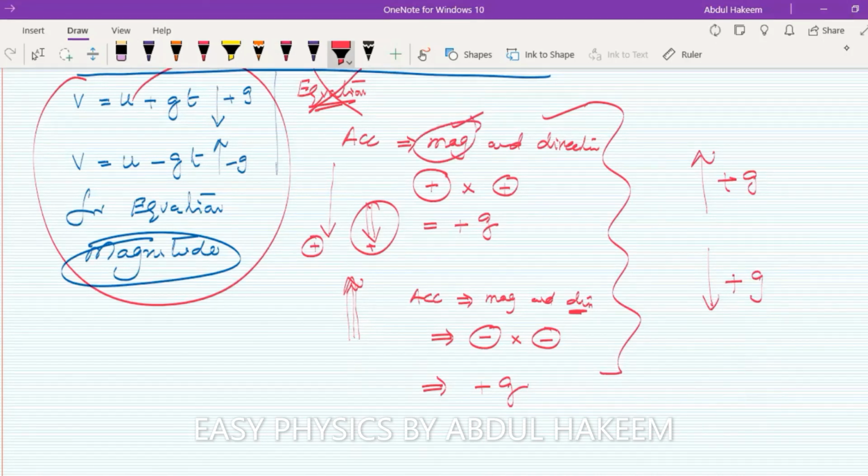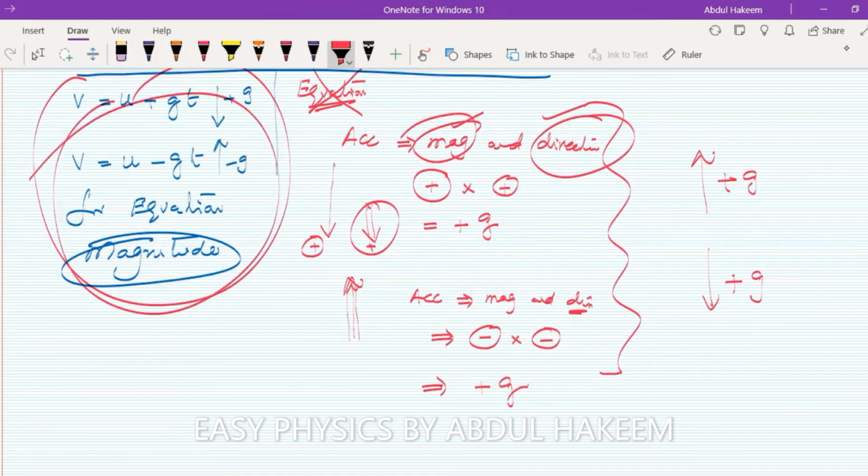We are considering both magnitude as well as direction. But in the equation, we are using only magnitude. So when we are using magnitude, downward is positive, upward is negative, but when we consider both together, up is positive, down is also positive.